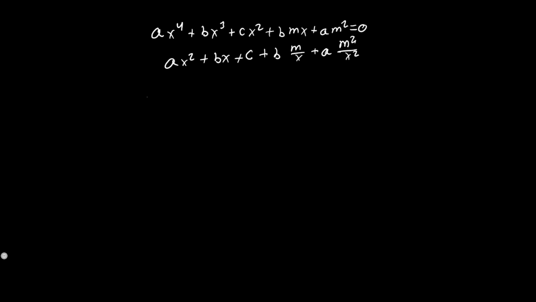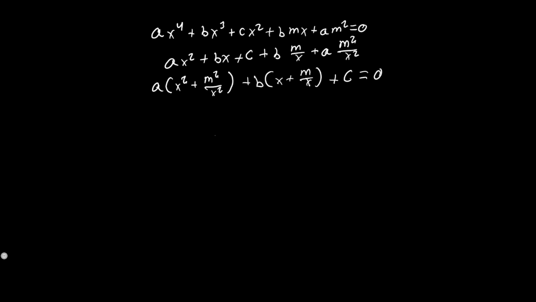So we have a times x squared plus m squared over x squared, plus, and we could factor out a b from x and m over x, so we have plus b times x plus m over x plus c is equal to 0.